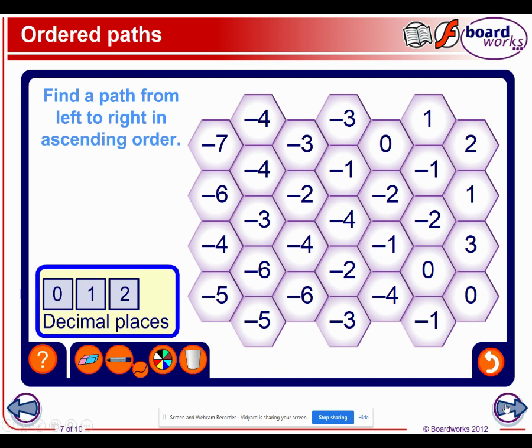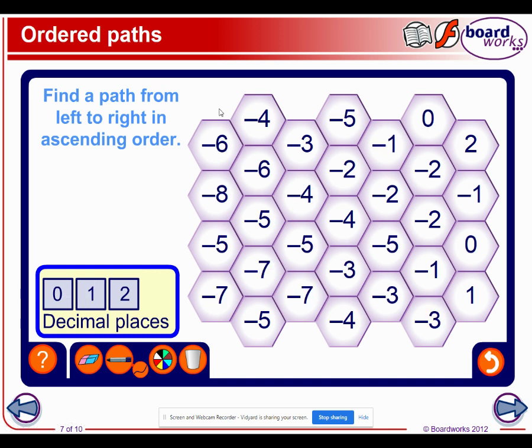So this is a fun little game that you can play. Find a path from the left to the right in ascending order. So what we're going to do here is look and see how we would go from left to right, with the number on the left being the smallest and the number on the right being the greatest.